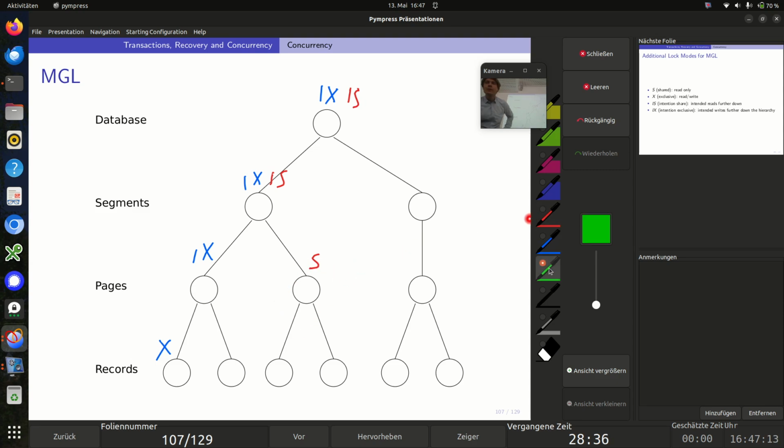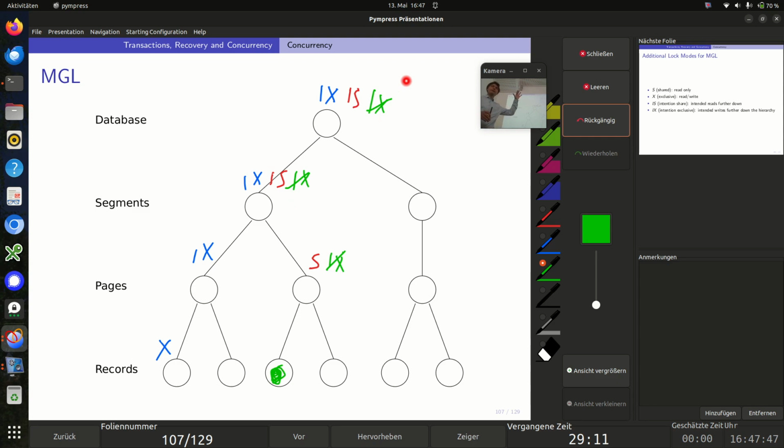Then there would be a third transaction, and it would write another record down here. It would start the same, but then, for example, this record should be changed. So it says, okay, I want to write something here, but then I see, here's a shared lock on everything, and therefore I have to quit. And that's the idea of multi-granularity locking.